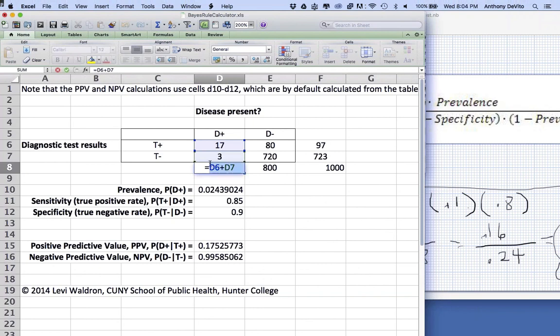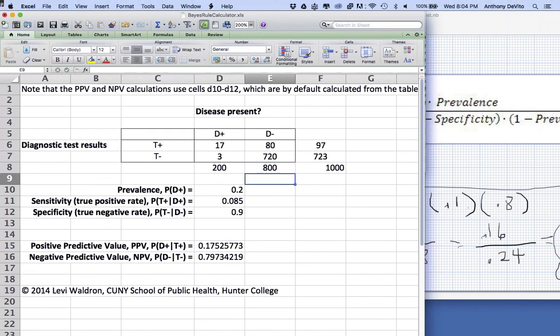I'm going to redo this right now. Okay, let's say that this is equal to 200. No, say this is 800. Maybe it's a good exercise just to watch me monkey with this thing. Okay, so the prevalence is going to be equal to D8 divided by F8. I'm going to do it slightly differently.